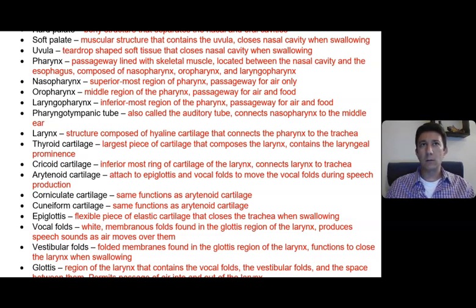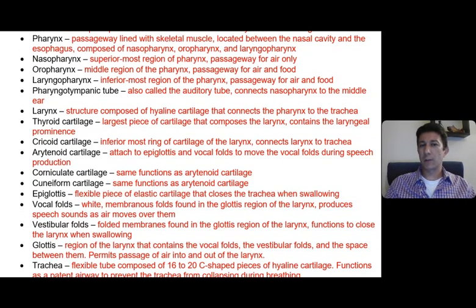And the reason why it's typically larger in males than it is in females is because one of the stimuli for cartilage growth is testosterone. And because males are producing more testosterone on average than females are, that usually causes the laryngeal prominence to grow larger in males than it does in females.